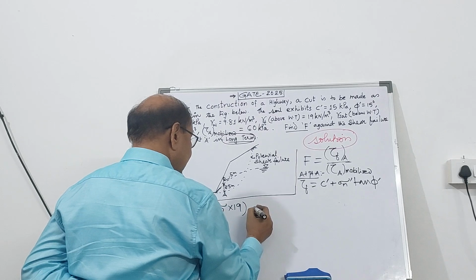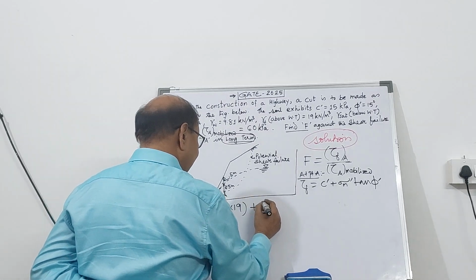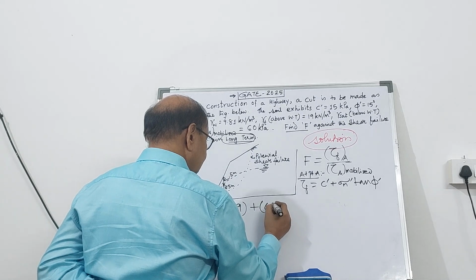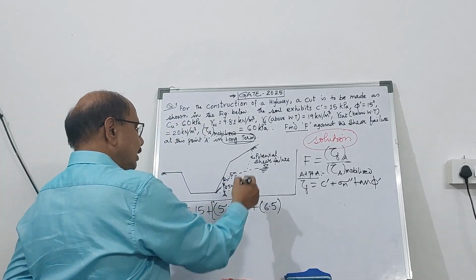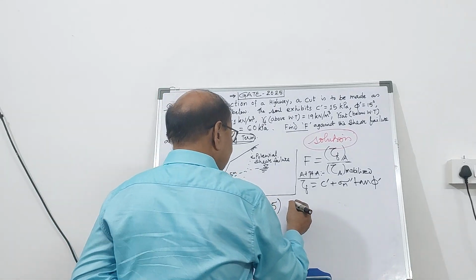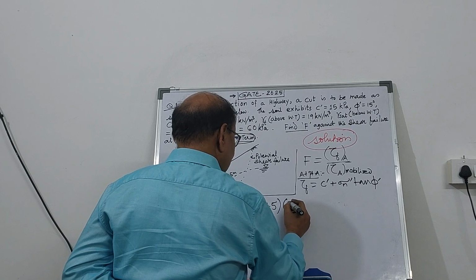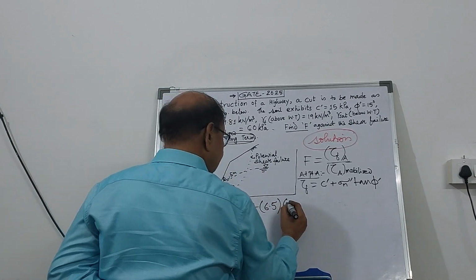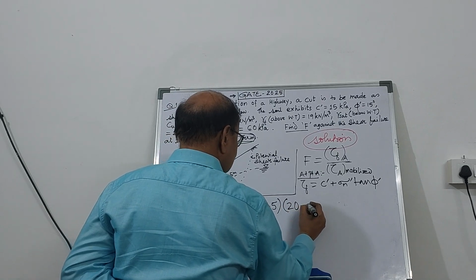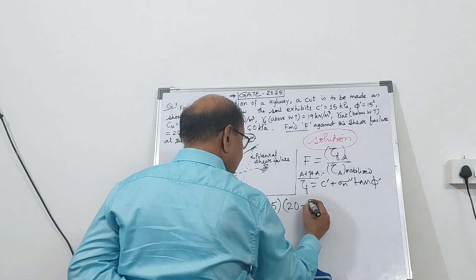that is the normal pressure, plus for the remaining 6.5 meter, the soil is fully saturated and it is underwater. So you should take the submerged unit weight. The saturated unit weight is already given as 20, minus gamma W, which is 9.81.